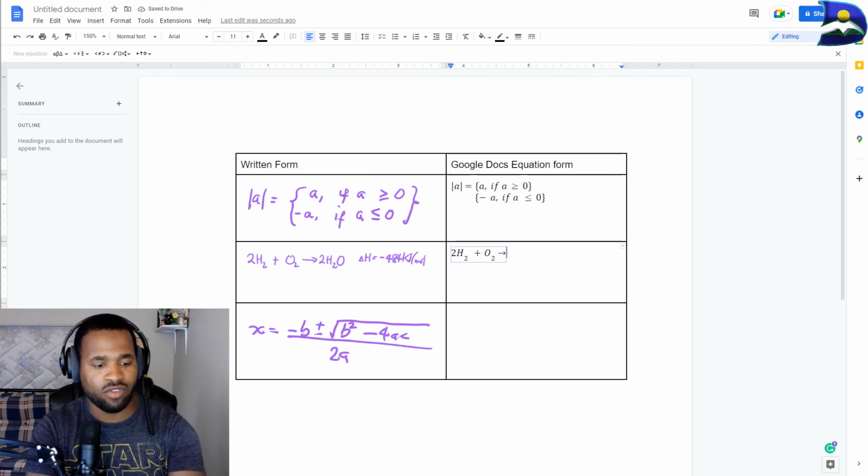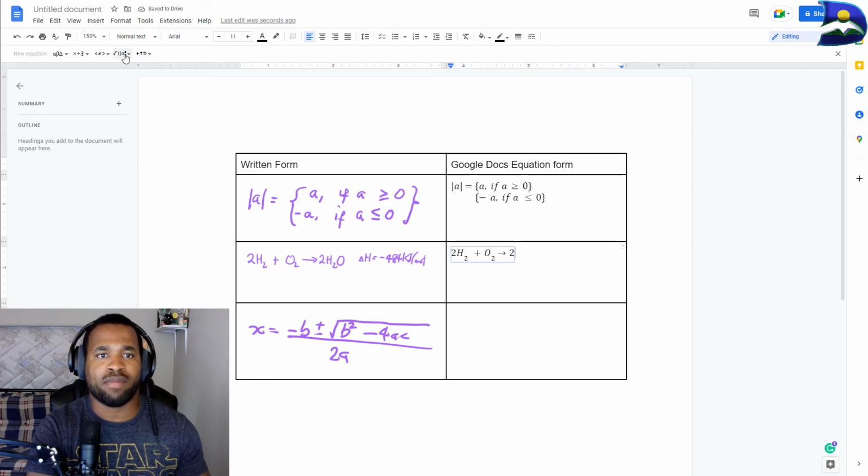Then we move on to typing the balanced equation, and we are going to type our H, hydrogen, and put this here, H, arrow down, 2, and arrow up, and we'll put a final letter, which is O. Once you have that, we are able to type our balanced equation.